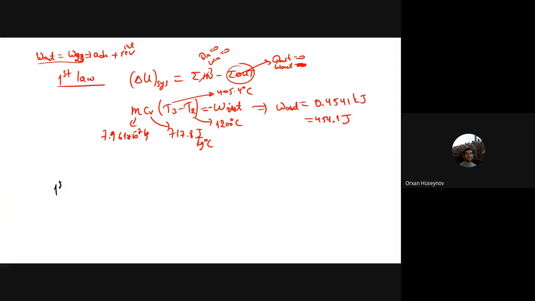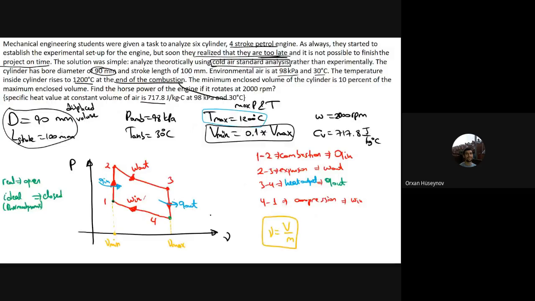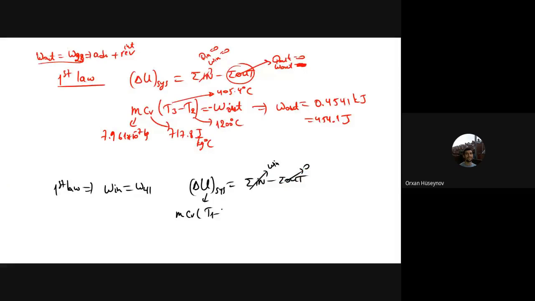So the first law, again, I will use for the work in, and it happens between process 4 and 1. So delta U of the system will be equal to, again, in minus out. For this one, Q is 0, you only have the work in, out is 0, and delta U will be m Cv times T1 minus T4, which will be equal to work in.